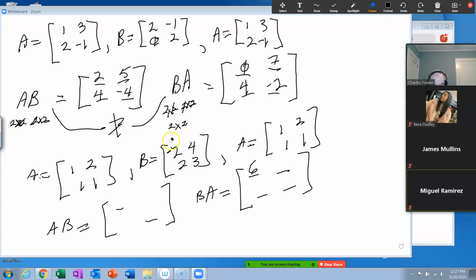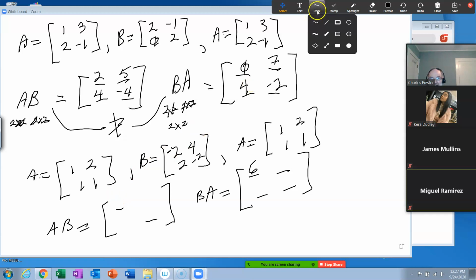Okay. Minus 2, 4, 2, minus 2. I just copied the wrong problem. This is a minus 2 down here. Okay. Let's redo that. First row, first column. Minus 2 plus 4 is a 2.